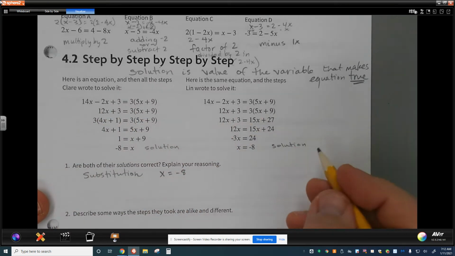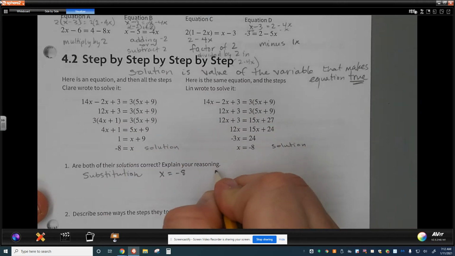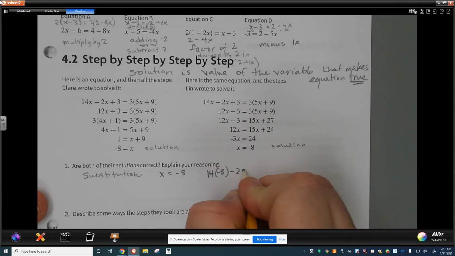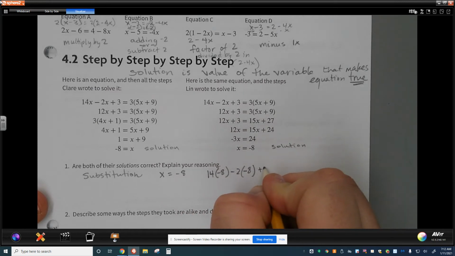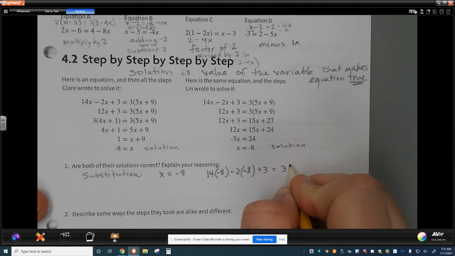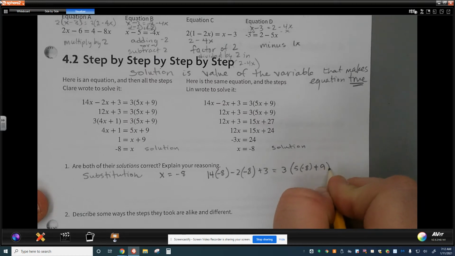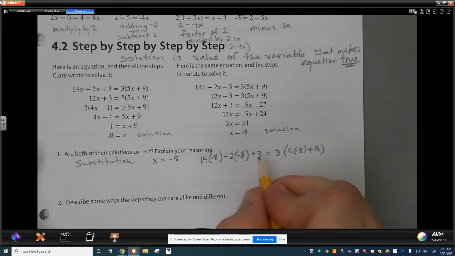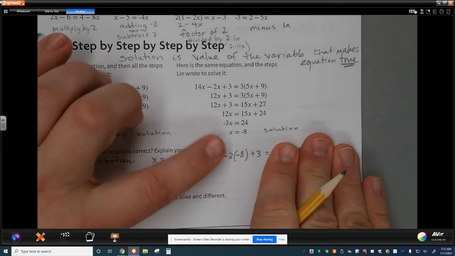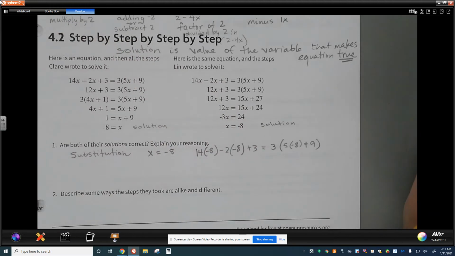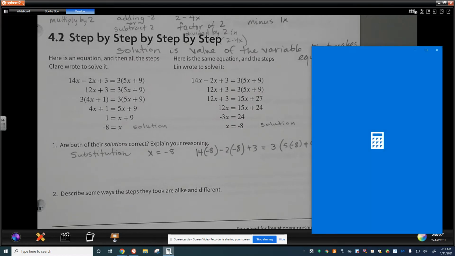We see that they were both dealing with the same equation, and in that original equation, we see 14 times negative 8 minus 2 times negative 8 plus 3 is equal to 3 times the sum of 5 and negative 8 and 9. Now, if this becomes a true statement where the expression on the left simplifies to the exact same value as the expression on the right, then negative 8 is the right answer. So the first thing we want to do, I don't know 14 times negative 8 off the top of my head, so let's find that real quick.